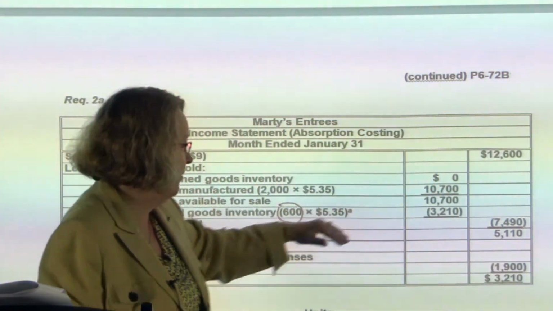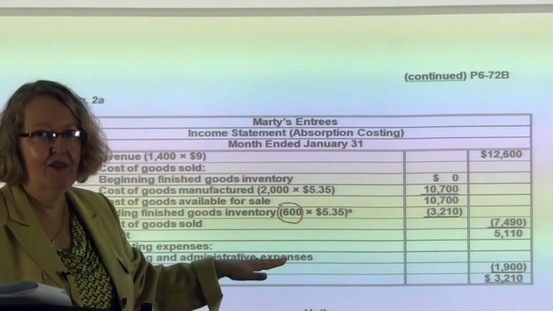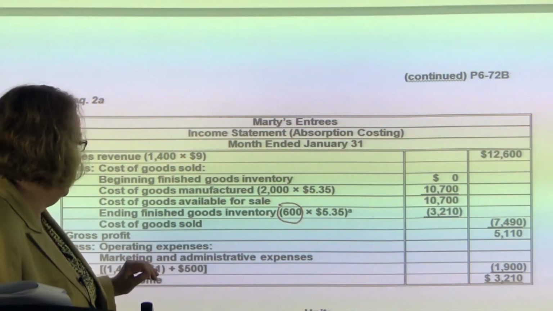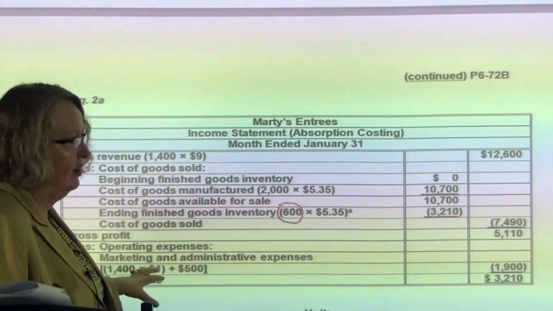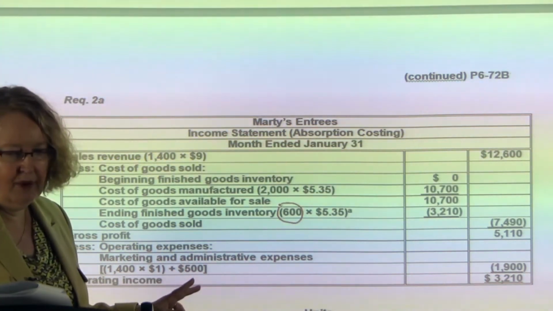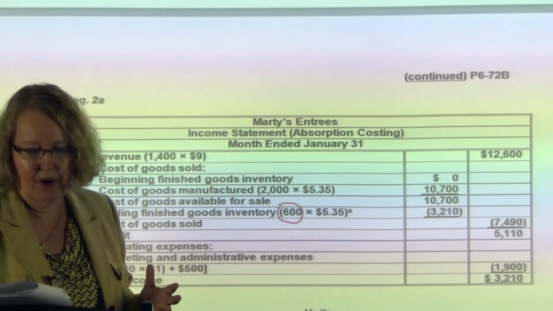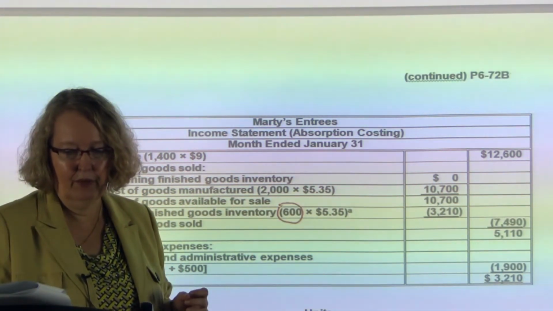Subtract that from your $12,600 and that would leave you with gross profit of $5,110. The next thing you're going to want to do is deduct, of course, your operating expenses. And here we have operating expenses comprised of 2 elements. You've got your fixed and your variable.